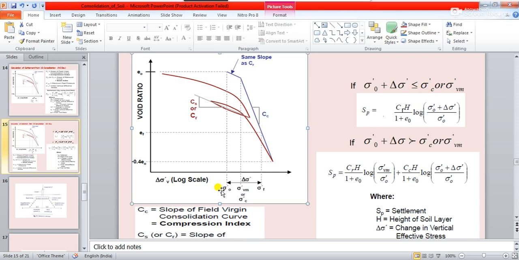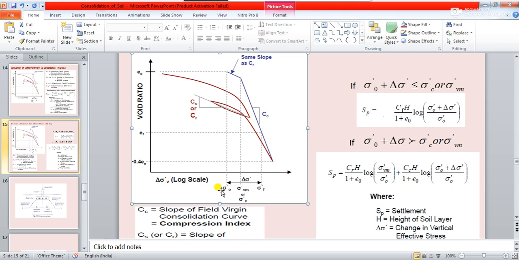When rebound index is used, you see that the numerator of the formula has sigma Vm dash, that is the pre-consolidation pressure, and the denominator has sigma naught dash. And for the compression index, the formula is exactly the same as normally consolidated clay. So it is basically the sum of normally consolidated clay settlement plus something which is considered as rebound index or swell index settlement. Is it clear?